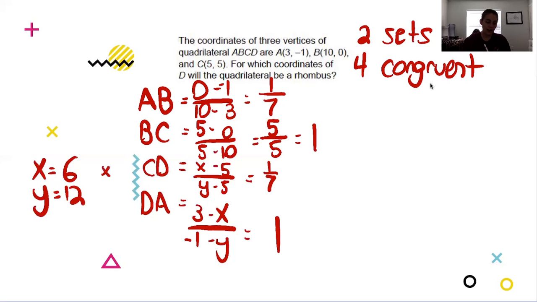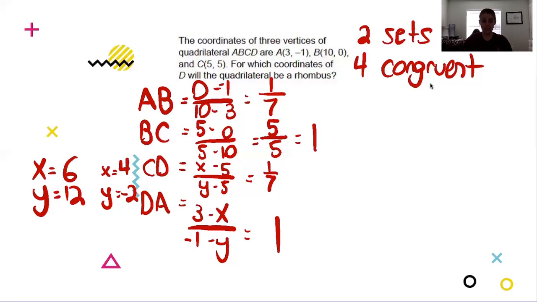So if I wanted -1, then I'd put my x at 4 and my y at -2, since -2 minus 5 would be -7. So my points are either 6 and 12 or 4 and -2.